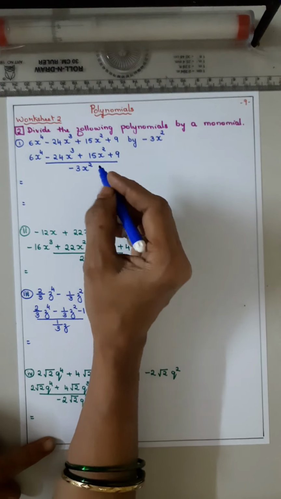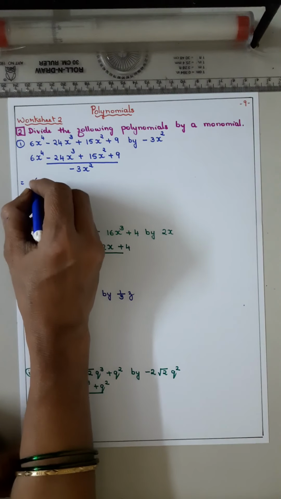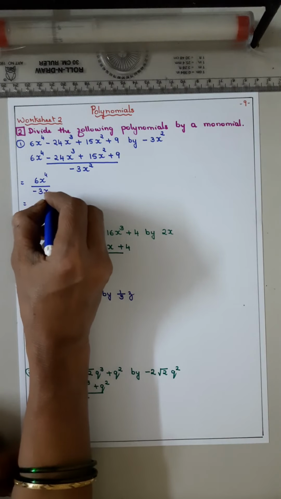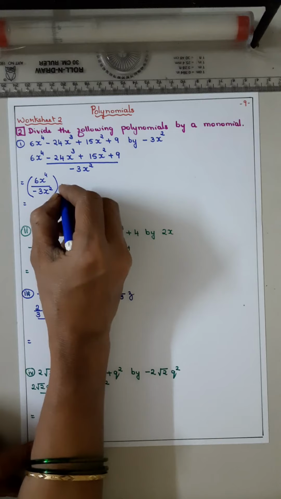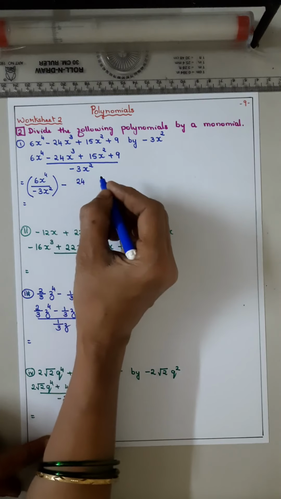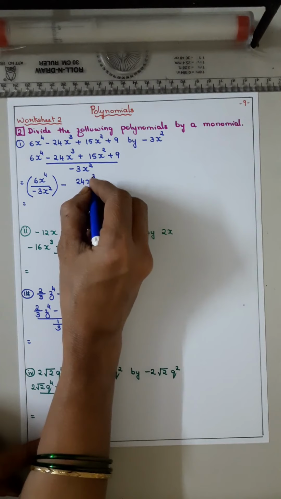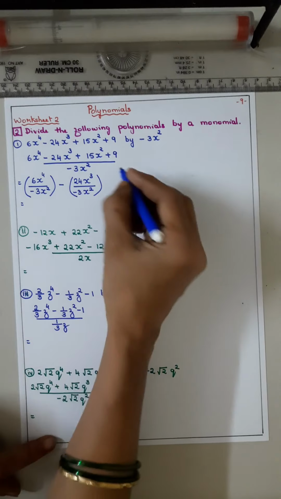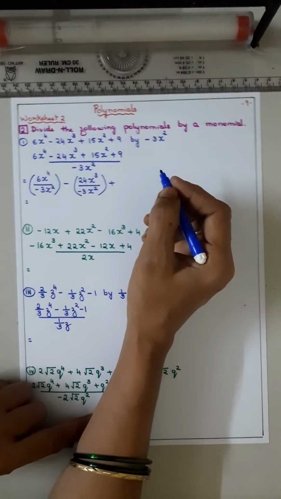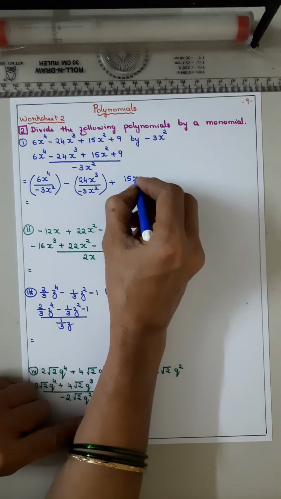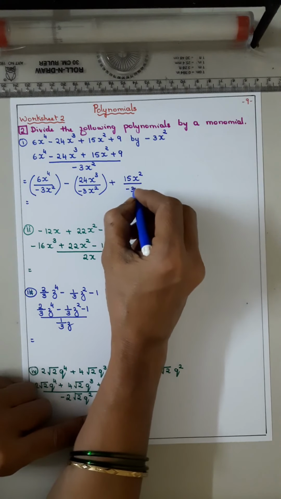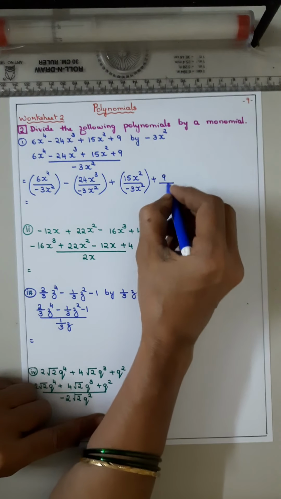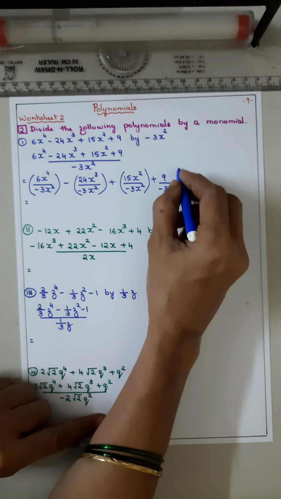In the example you have seen what we have to do. 6x to the power 4 upon minus 3x squared, now minus 24x to the power 3 upon minus 3x squared, now plus 15x squared upon minus 3x squared, plus 9 upon minus 3x squared.